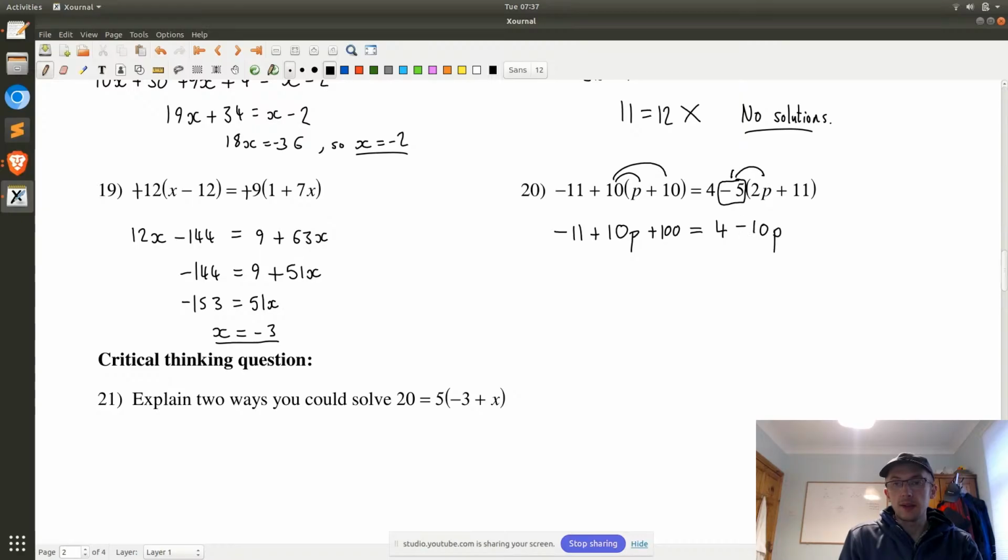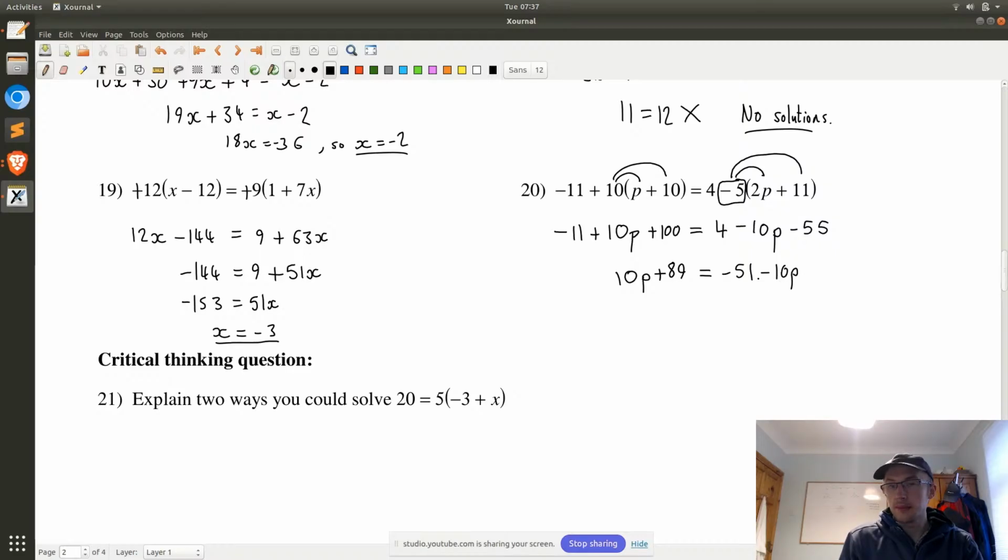Then -5 times 11, which is -55. Clean up the left. 10p add 89. Clean up the right. What's 4 take away 55? -51. So it becomes -51 minus 10p, just like that.